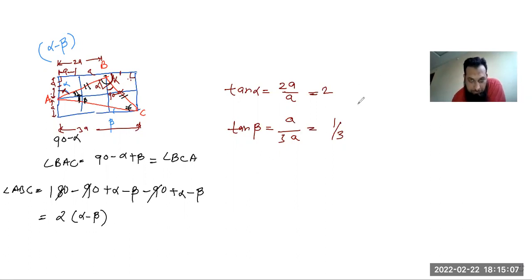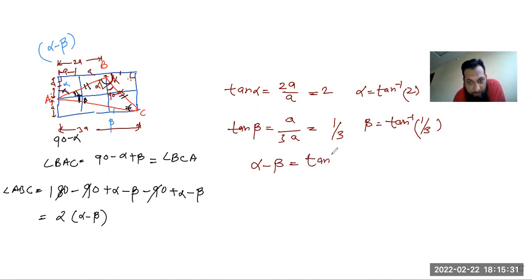So let us say alpha is equal to tan inverse 2, because we are taking tan of alpha, and beta is tan inverse 1 upon 3. Now let us do alpha minus beta. Alpha minus beta is nothing but tan inverse 2 minus tan inverse 1 upon 3.